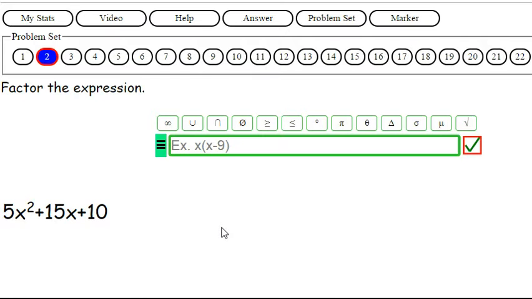Now, things can get tricky when the leading coefficient, which is 5, is a number other than 1. But it's not going to be too bad, because the factorization of 5 is just 1 and 5, and that helps out.